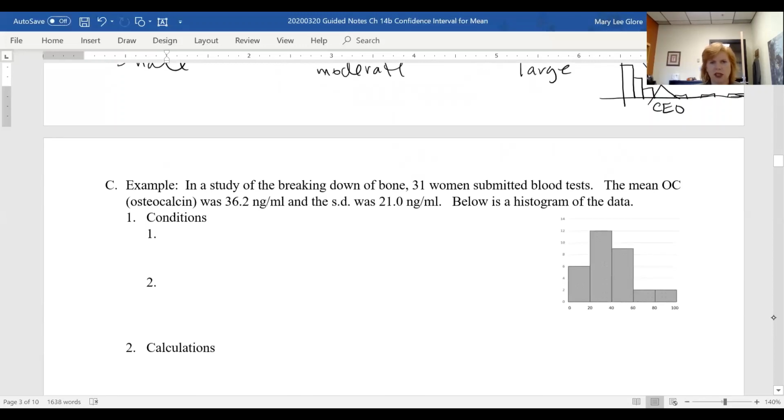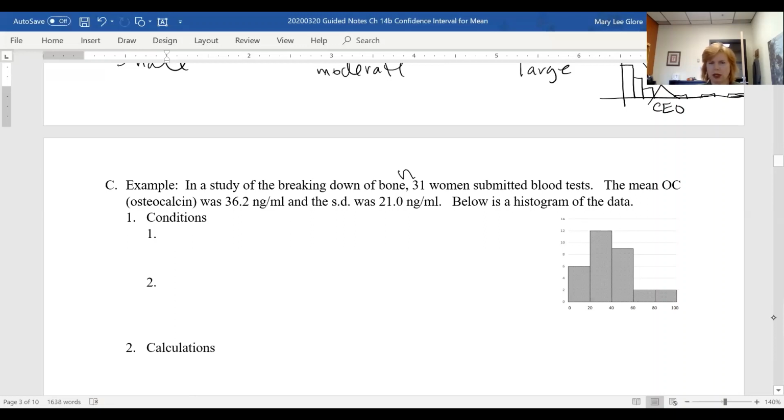Let's do an example. In the study of the breakdown of bone, 31 women, that's my n, submitted blood tests, and the mean OC, which is osteocalcin, was 36.2 nanograms per milliliter, I'm guessing. Is this mean OC mu or y bar, and how do I know?